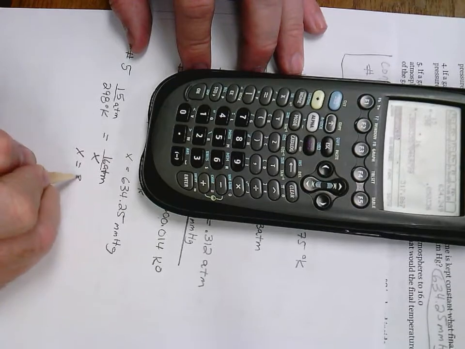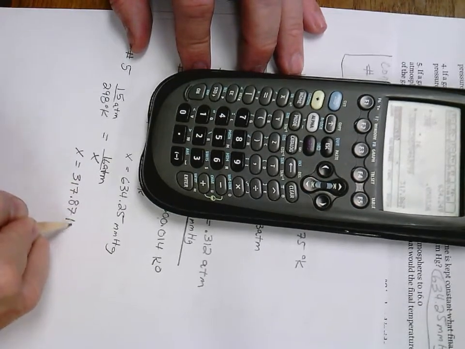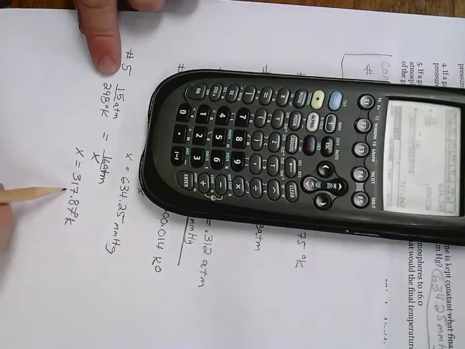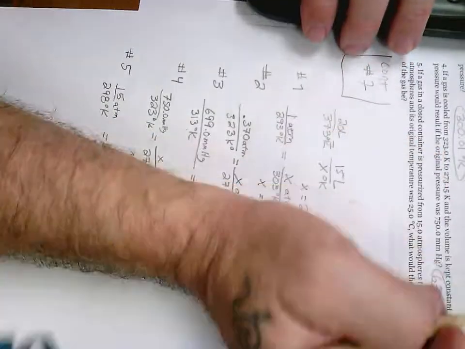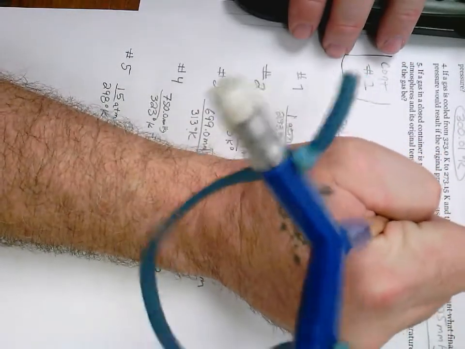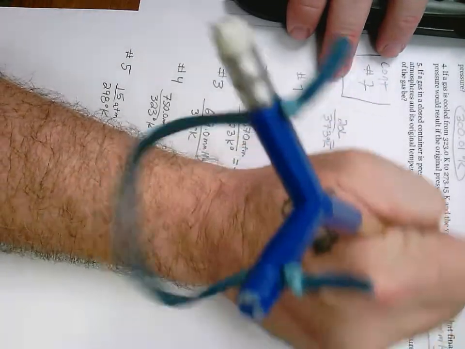X equals 317.87 degrees Kelvin. 298 to 317, not a huge change. I love it. 317.87 degrees Kelvin.